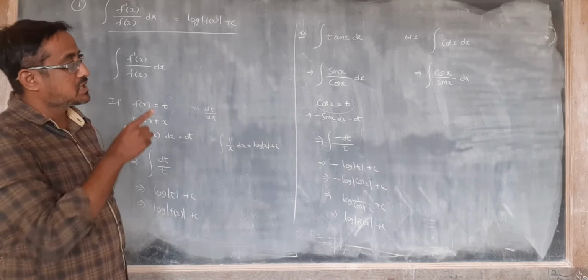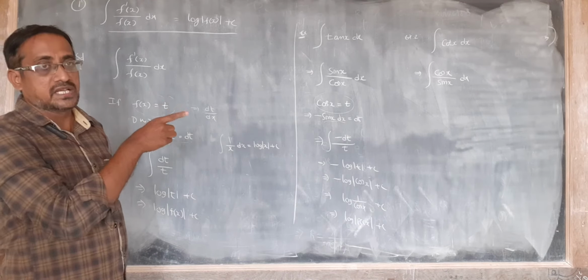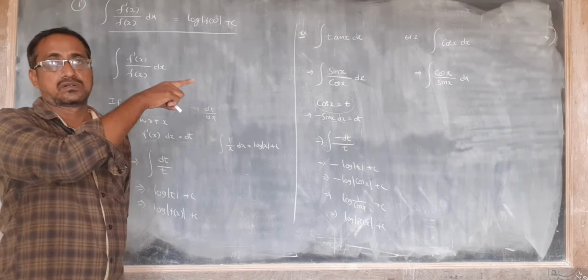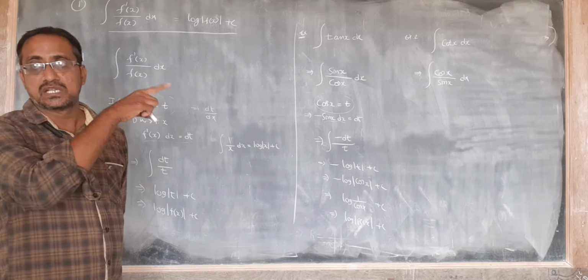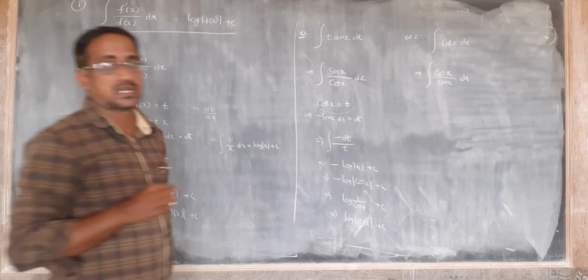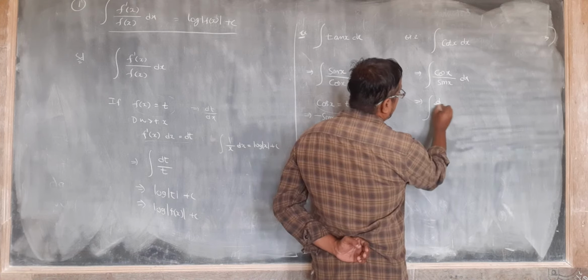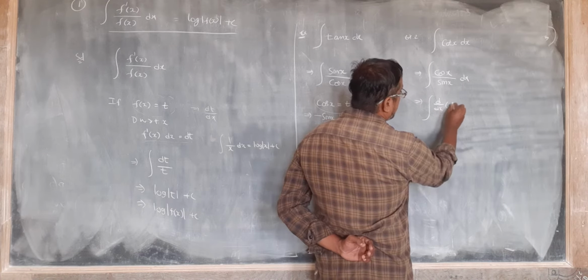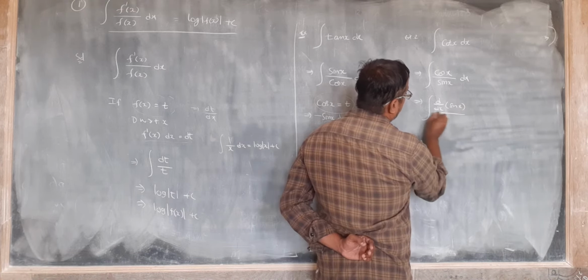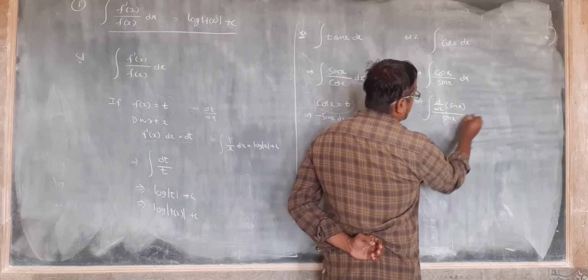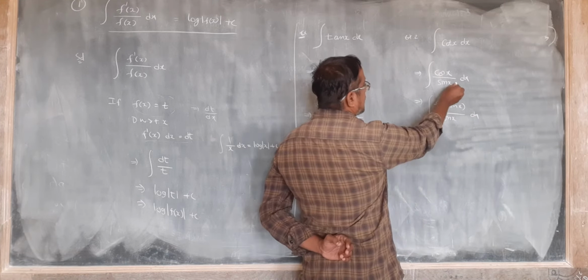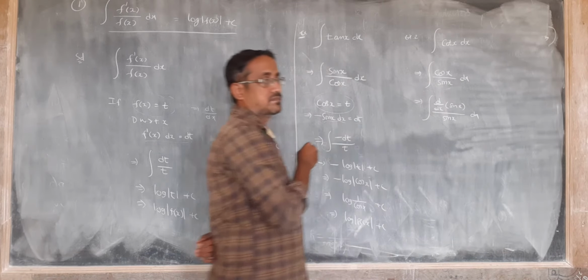You can observe that the derivative of sin x is cos x. So the function in the numerator is the derivative of the denominator. So you can write it as integral of derivative of sin x by sin x dx. Otherwise you can take this function as t.